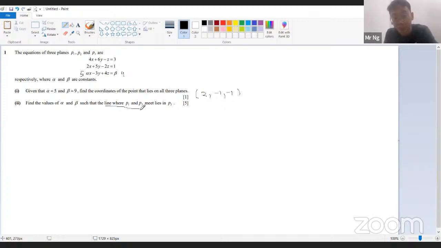The line where they meet means they are intersection lines inside plane 3. So I'm going to find the equation of this line. Because it's lying inside plane 3, this line, which I call L, is perpendicular to the normal of plane 3.